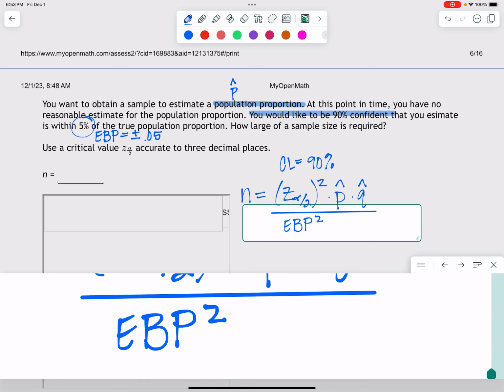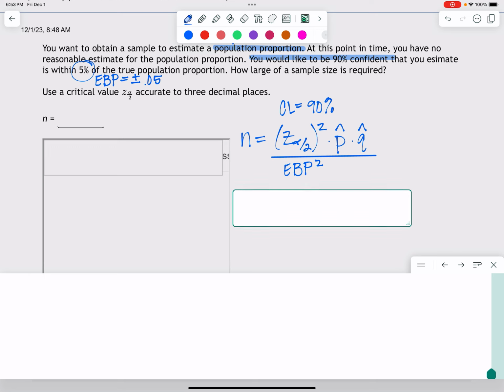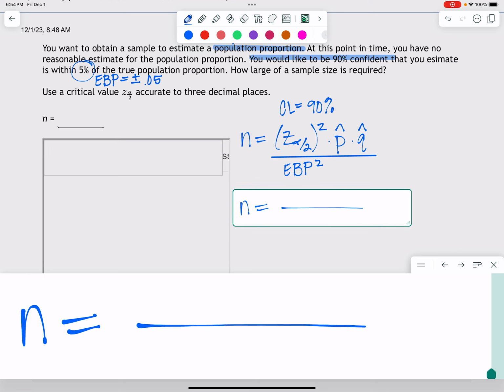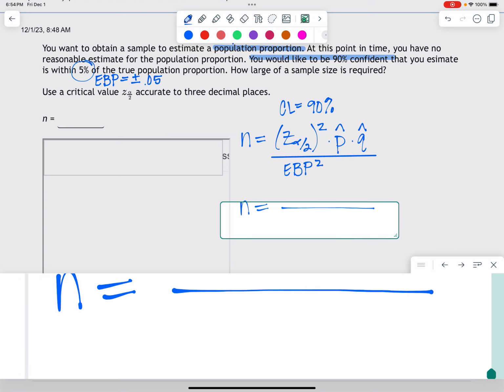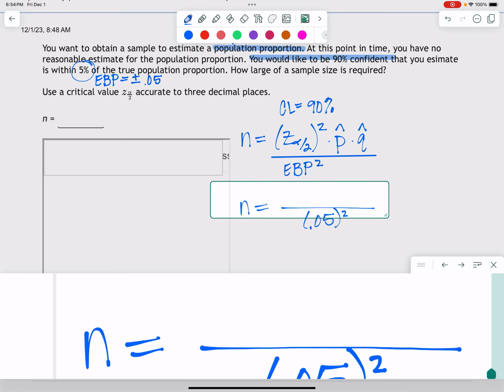Let's see. We have the EBP, that's 0.05. For a 90% critical value, that is on your table.